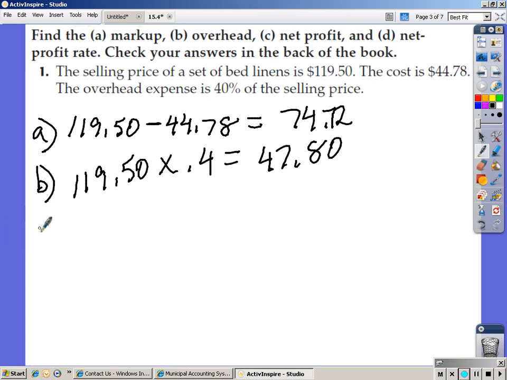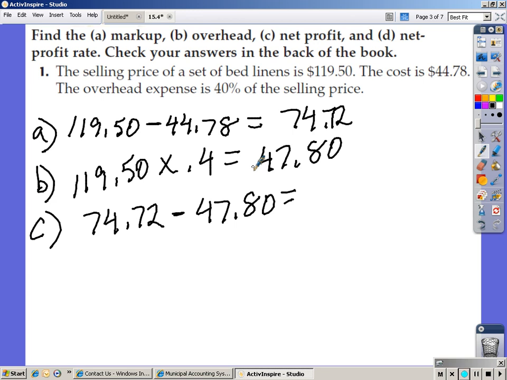Okay, part C is to find the net profit. We take our markup, $74.72 minus my overhead, $47.80. And you should come up with a net profit of $26.92.